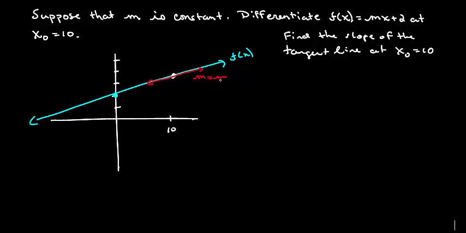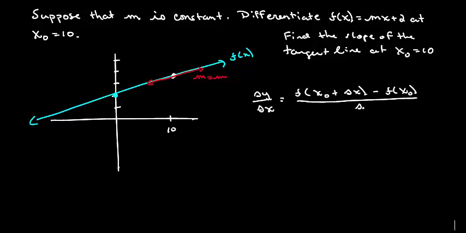Now, a little bit about notation. The difference quotient, which is given to us in the text, is that delta y over delta x is equal to f at some initial value plus delta x minus f at that initial value, all over delta x.